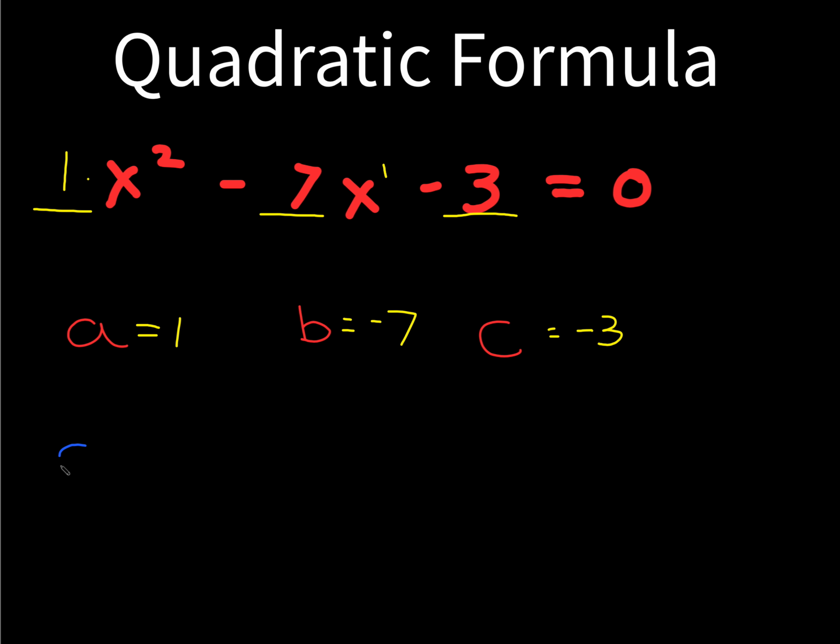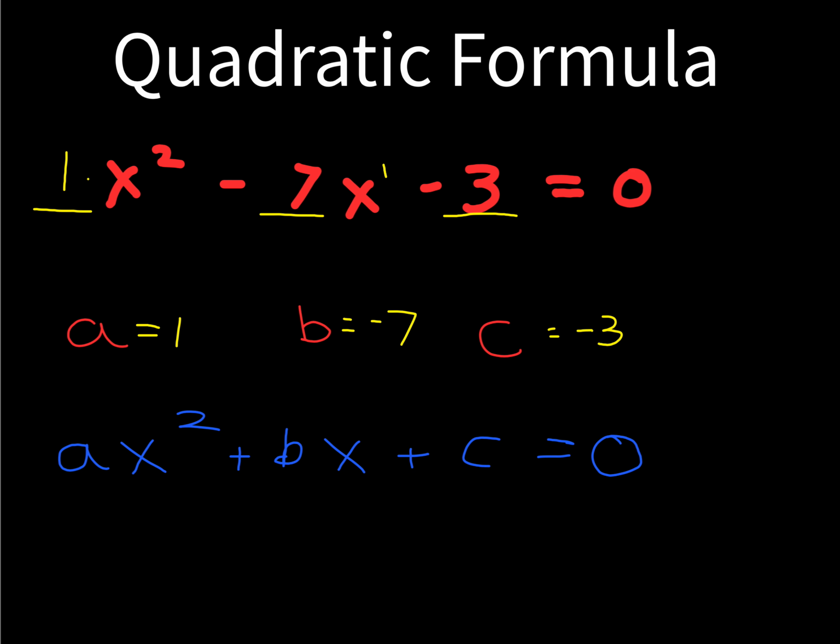Your a will always be located in front of the x squared, your b in front of the x, and your c alone when your quadratic equation is written out in standard form.